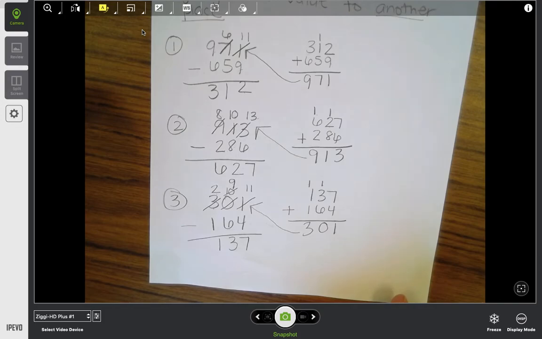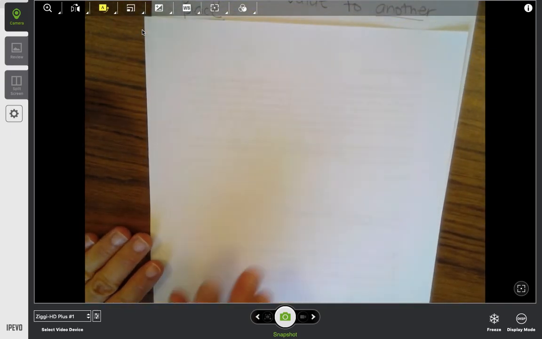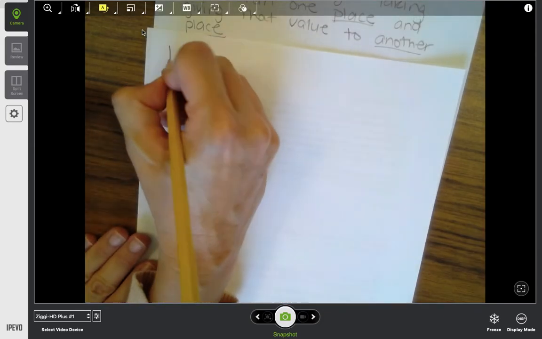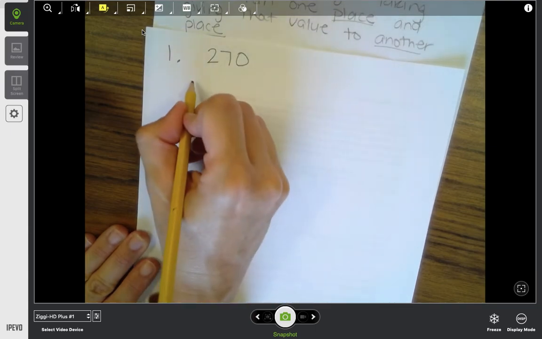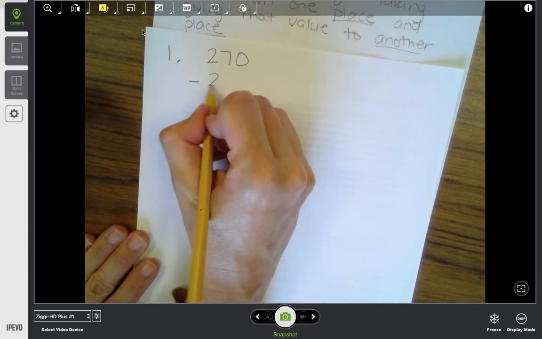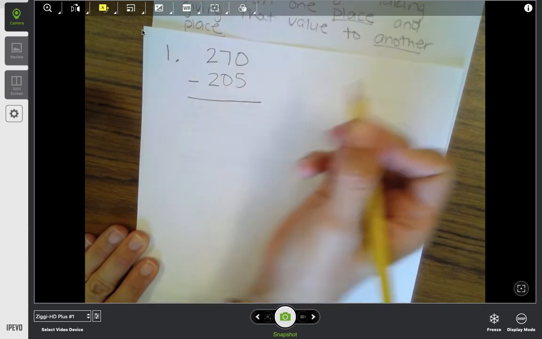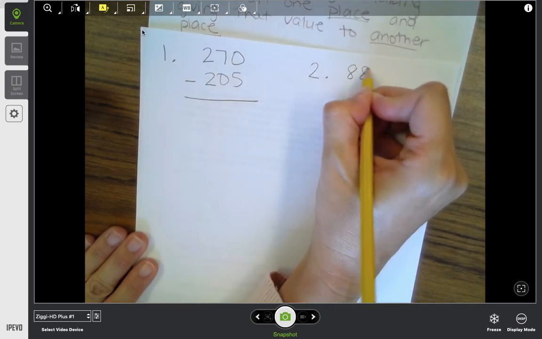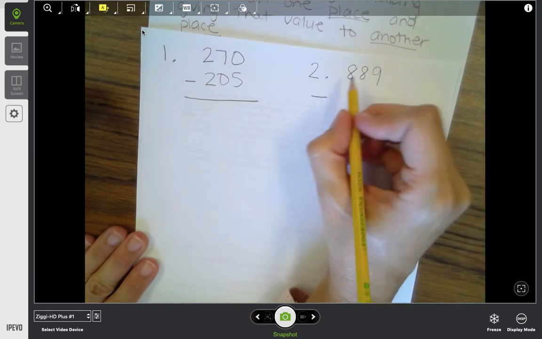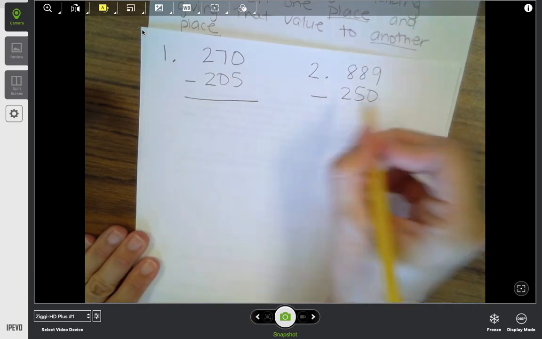I'm going to give you some problems that I want you to solve on your own. When you're done solving these problems, you can bring them to me. Okay? So here's number 1. Let's do 270 minus 205. Number 2, 889 minus 250.